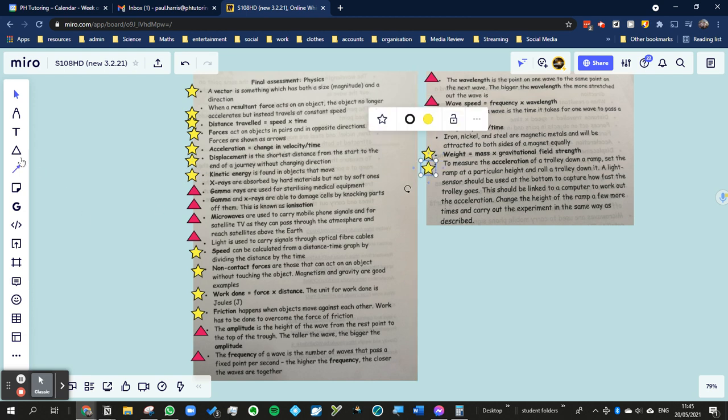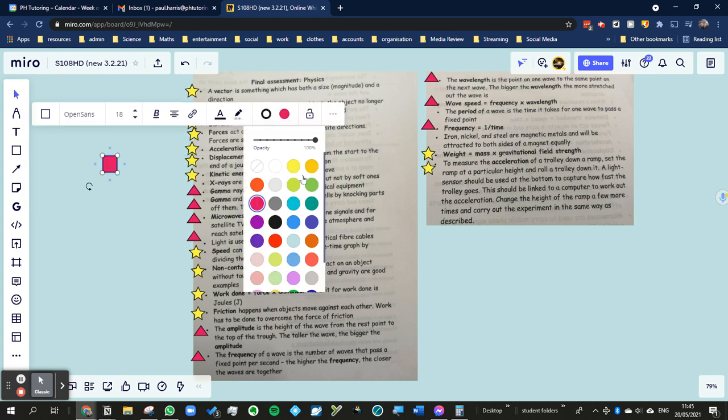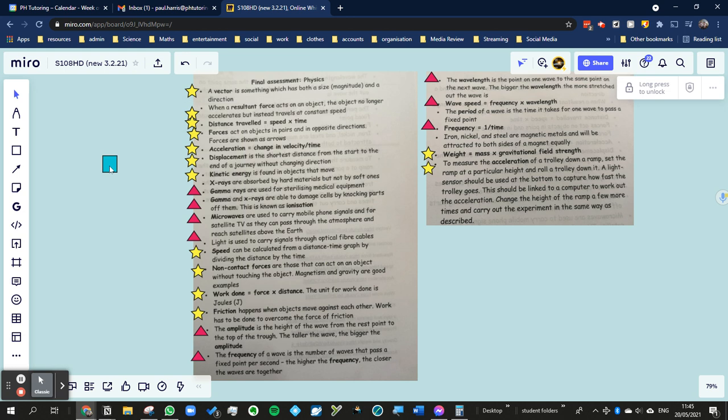Let's get one more shape, and we'll get a square, and I'll colour that in blue. So we have one random other topic, which I don't think I would put in waves or in forces.